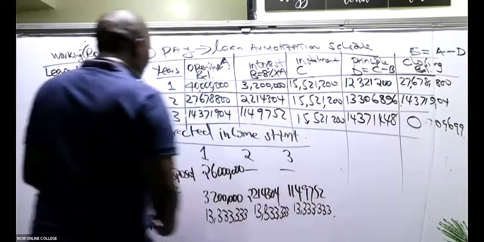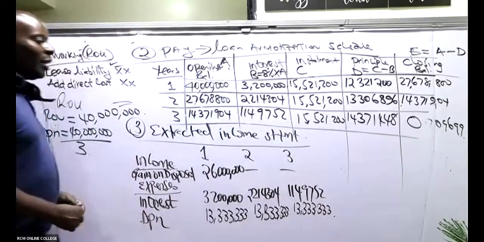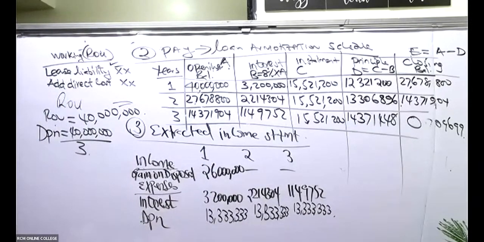Now you are through with your extracted income statement. These are the numbers you'll be able to take to your full income statement, pertaining to your leased asset. Please ask questions, feel free to make contributions.